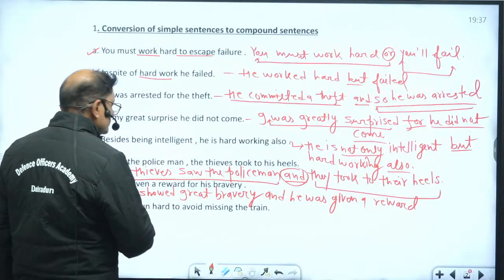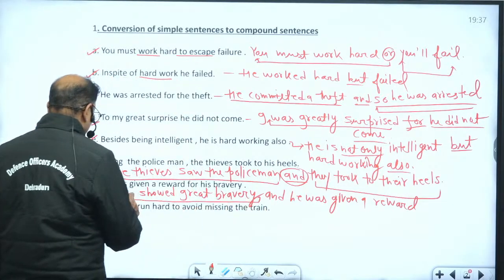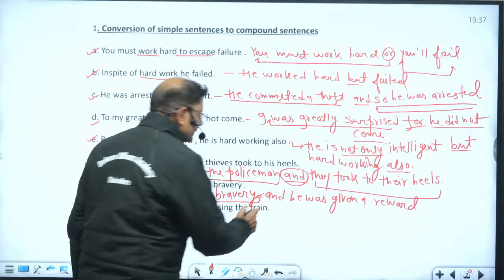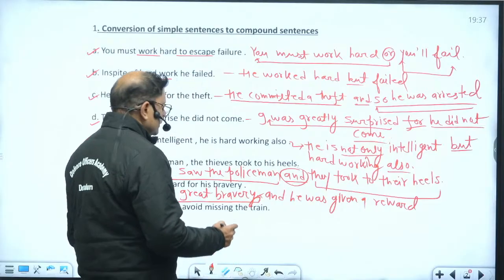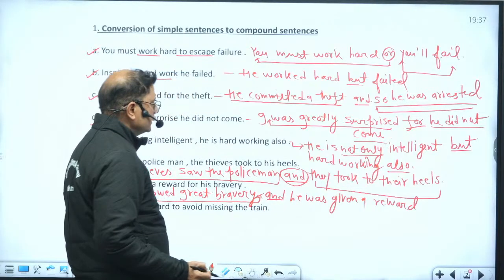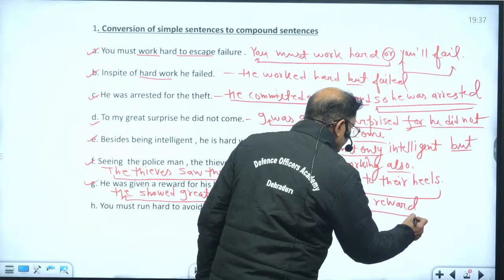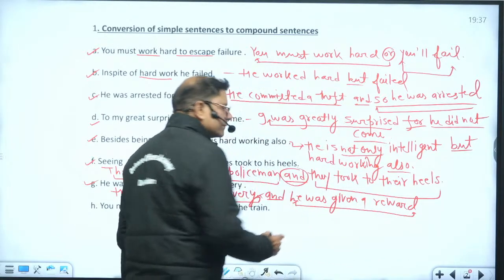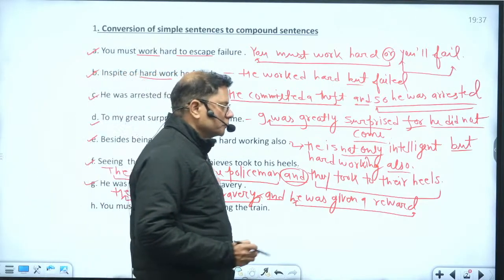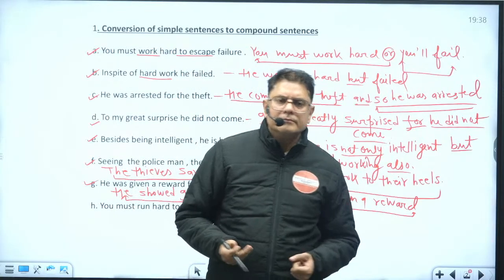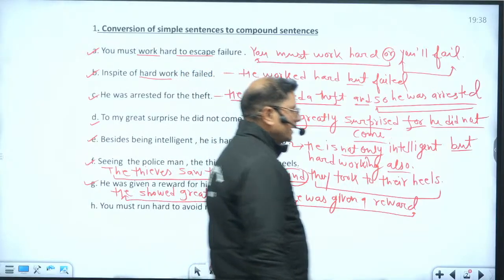So also you see here, he showed great bravery. One clause can stand on its own, joined by and, he was given a reward is also perfectly an independent clause. So one can see the even level in both these clauses, joined by and.